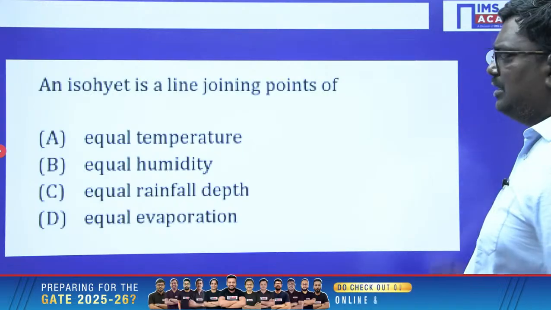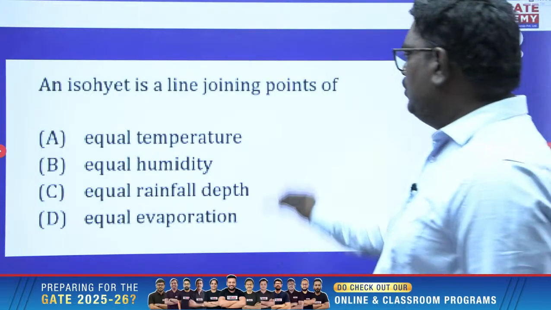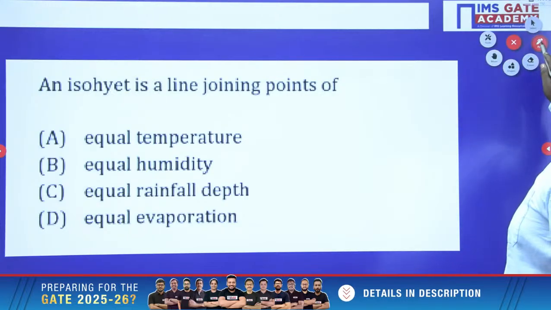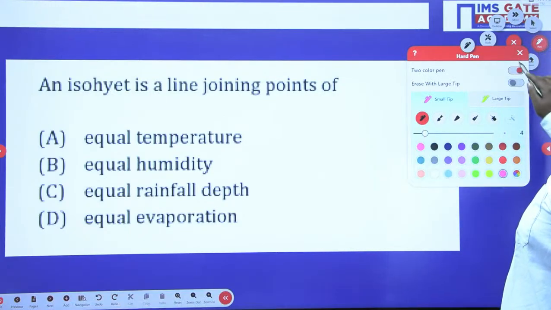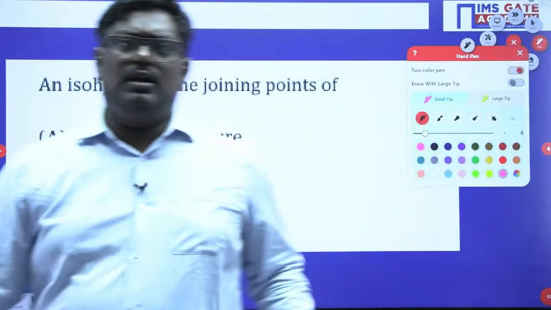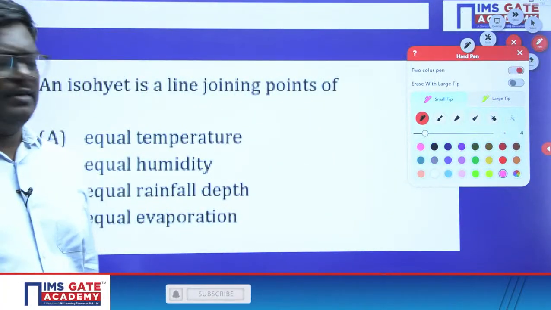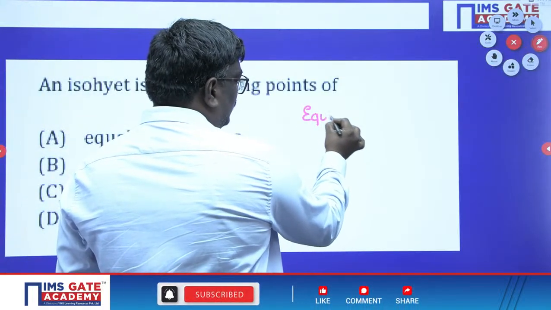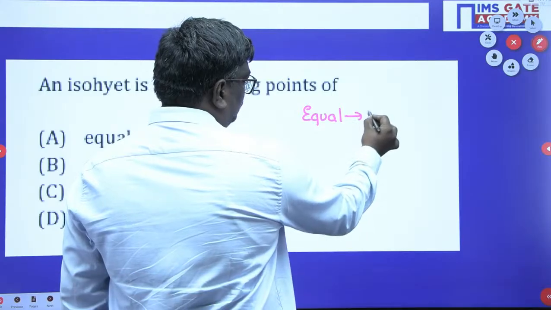Okay. Now, see, students. First of all, they are asking iso, equal temperature, right? So, when they ask you equal temperature, what is this? Whenever the term equal comes into picture, you will have iso. Okay?